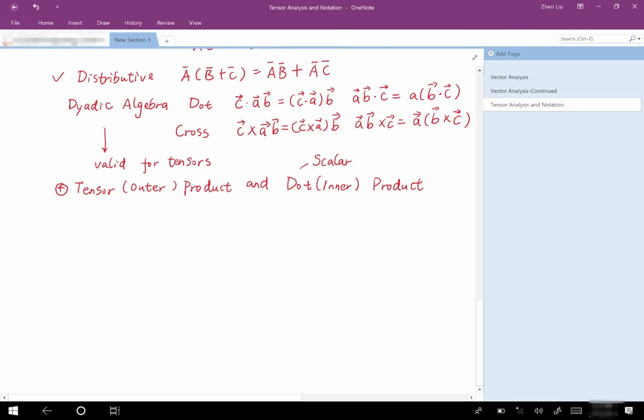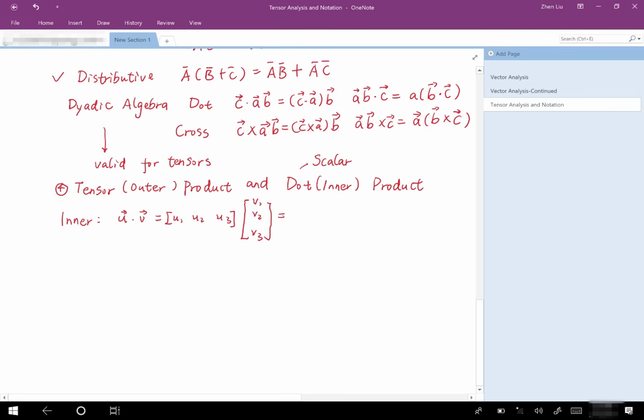Actually, one easy way to compare these two things is to use the matrix notation. If we use the matrix notation, the inner product looks like this. U inner product, dot product V, is going to be U1, U2, and U3 times V1, V2, and V3.